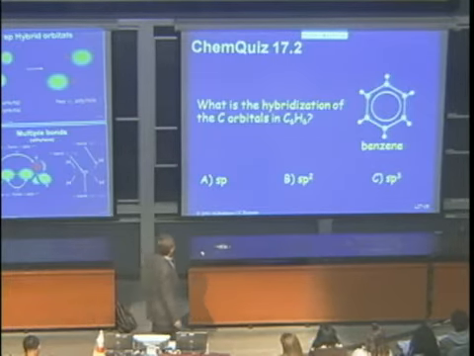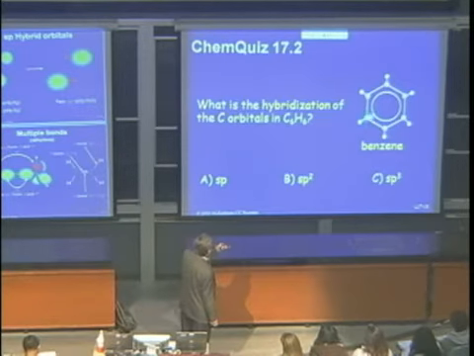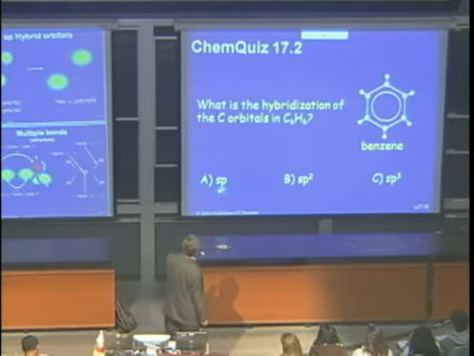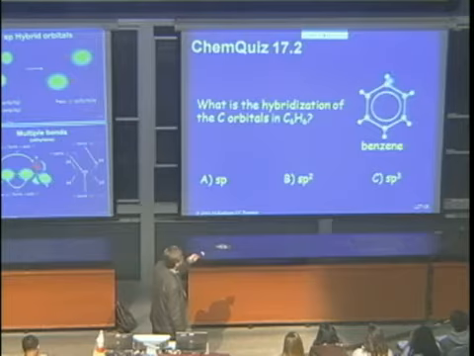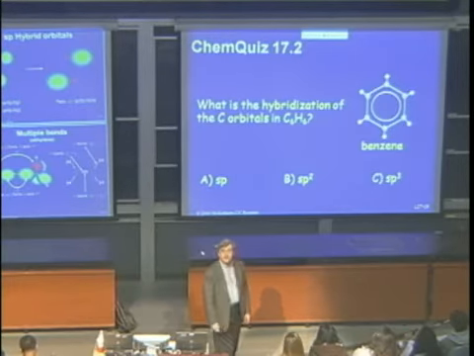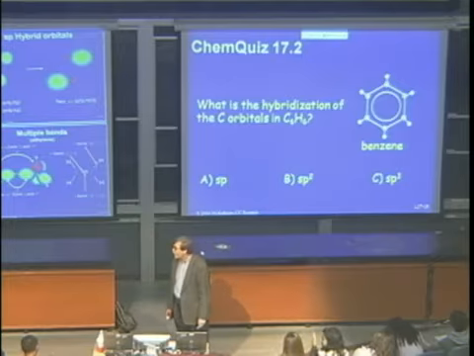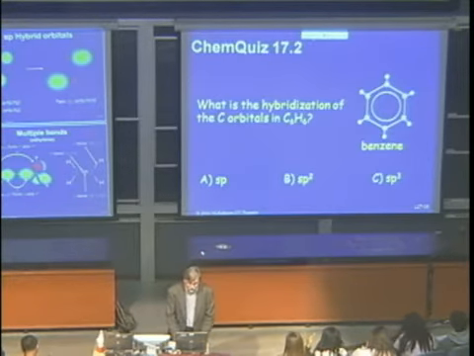So I want to know what is the hybridization of that carbon orbital, this carbon here in C6H6. Is it sp, sp2, or sp3? You can also use that one, or that one, or that one. I want to know what is the hybridization of these carbons in benzene. Why don't you think about it and give me your answer?